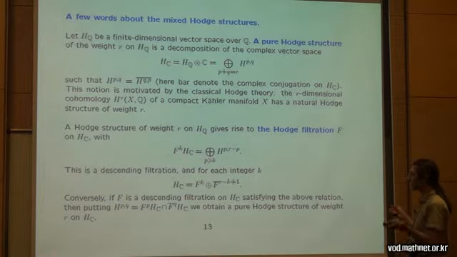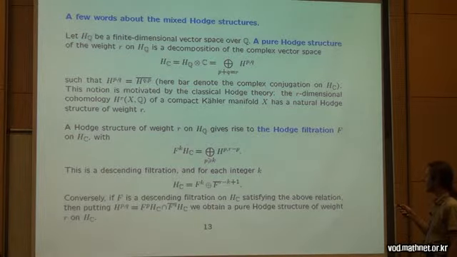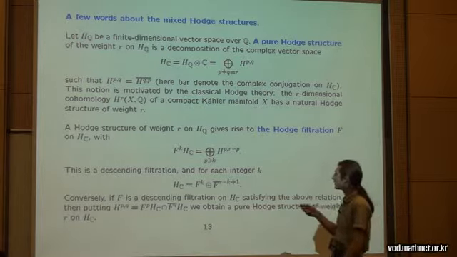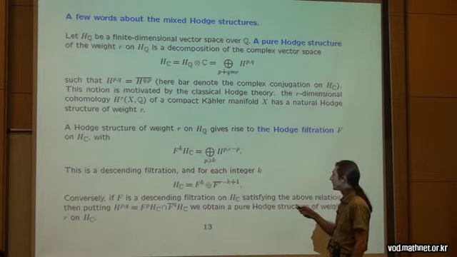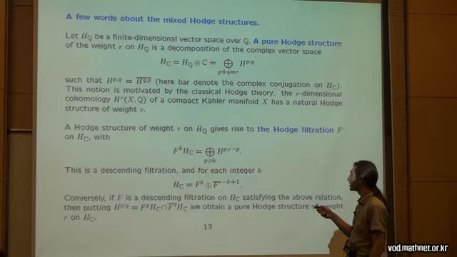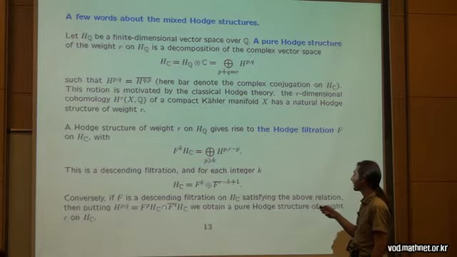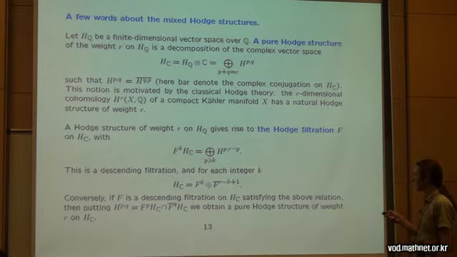Okay, I would like to say some words about the mixed Hodge structures. Suppose we have some finite dimensional vector space over Q. A pure Hodge structure of weight r on H_Q is a decomposition of the complexification of this space into a direct sum, such that the following conditions hold: H^{p,q} is the conjugate of H^{q,p}.